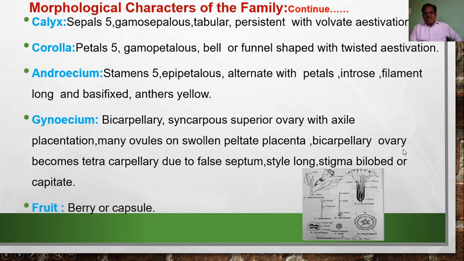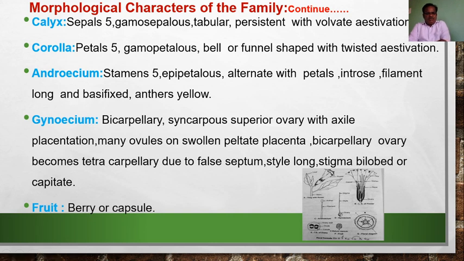Then the bicarpellary ovary, due to a false septum formed, becomes tetracarpellary, that is, 4 chambers are found there. Style long, stigma bilobed, sometimes showing capitate stigma, and fruit is berry or capsule.